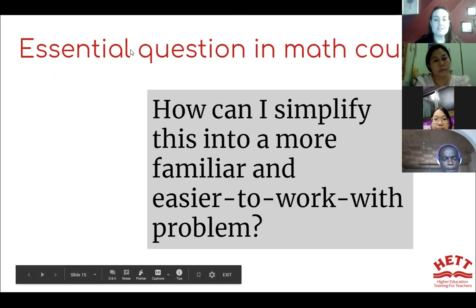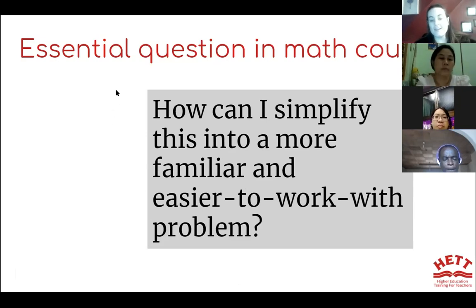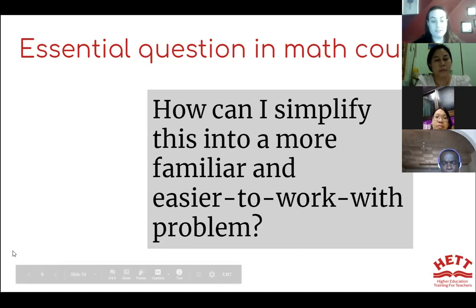In a math course, how can I simplify this into a more familiar and easy to work with problem? So how can you simplify this math problem? And that's a big thing, obviously, that happens in math classes, is that you're always simplifying or trying to break them down into easier steps.